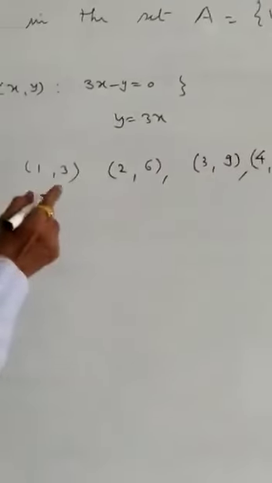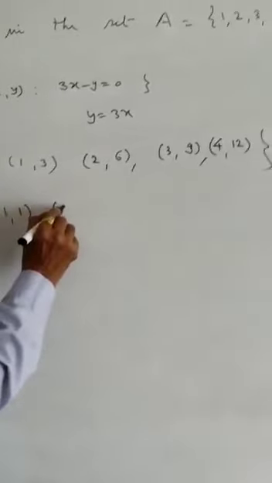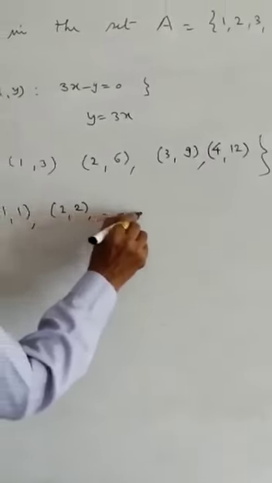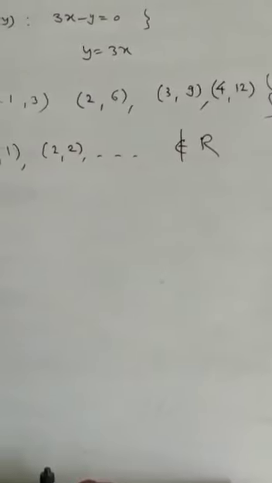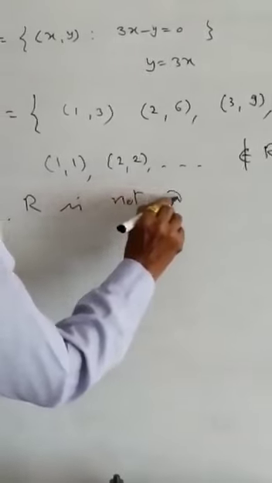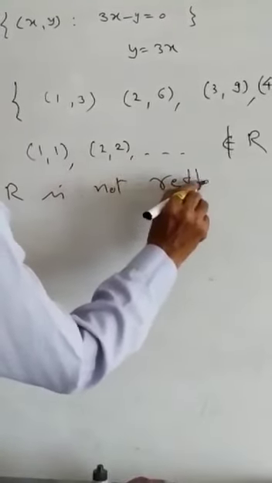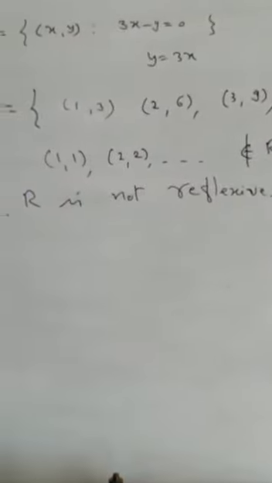Naturally here (1,1), (2,2), (3,3), right, are all not in R. Therefore, R is not reflexive. Right?